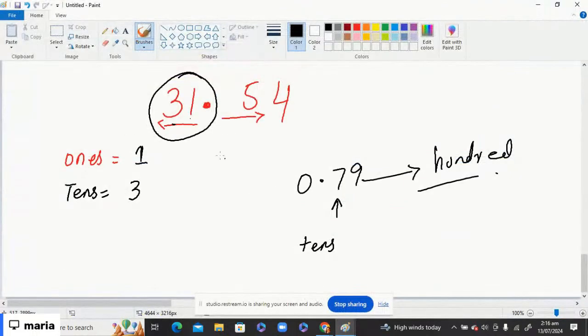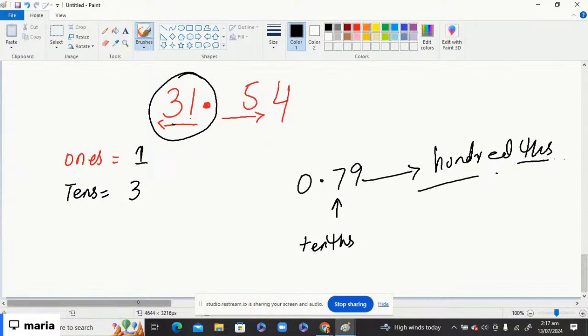This one is written this way. This is ones and tens, but this is tenths, hundredths. You involve this th and s, th and s.